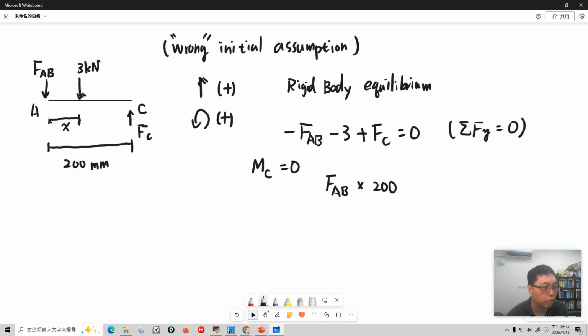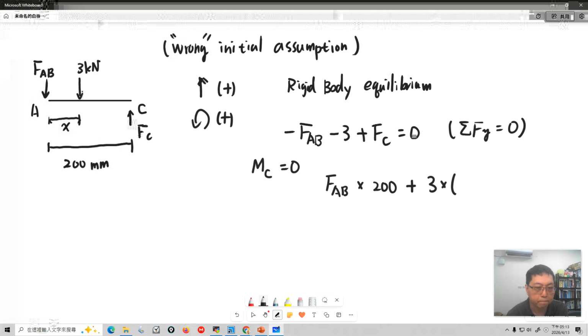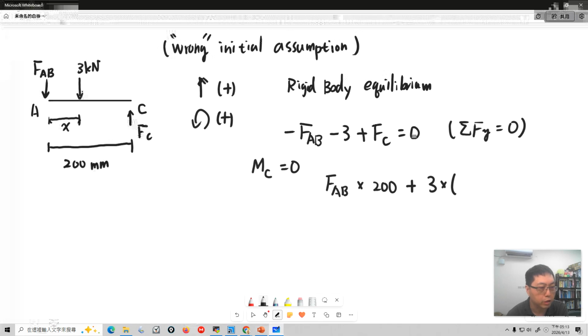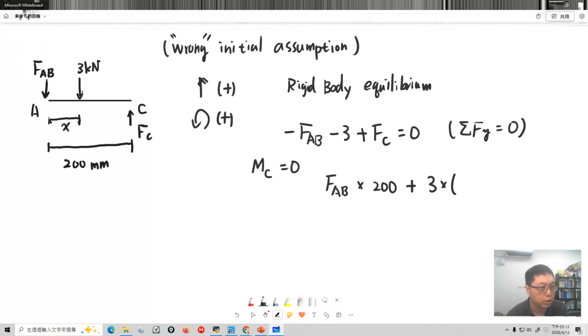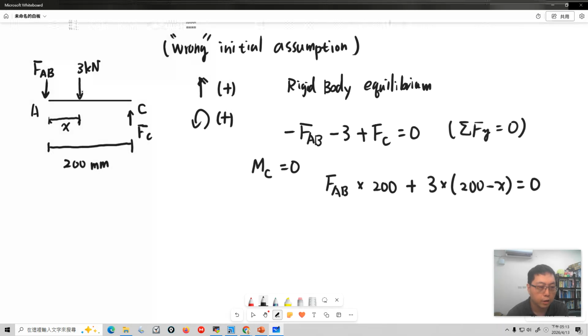The 3 kilonewton force here is also counterclockwise, so plus 3 times (200 minus x), equal to 0.